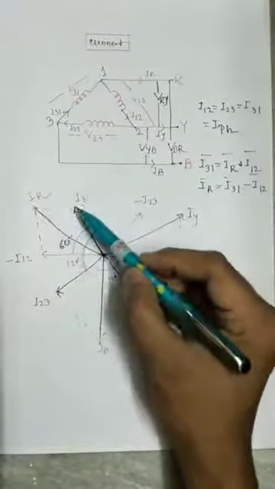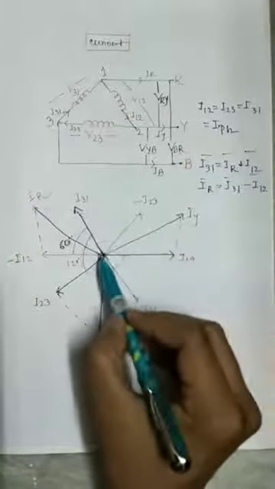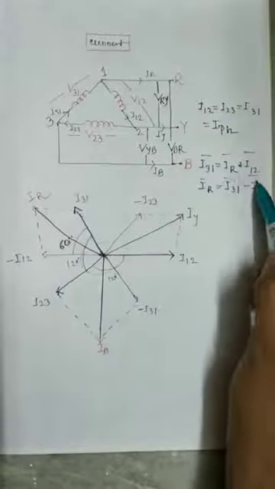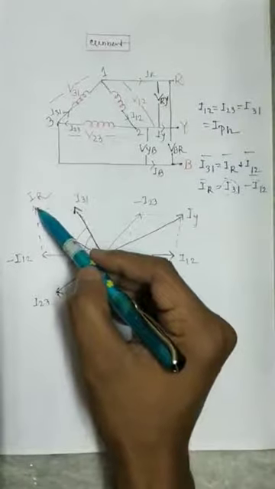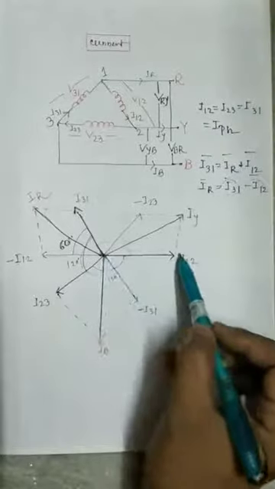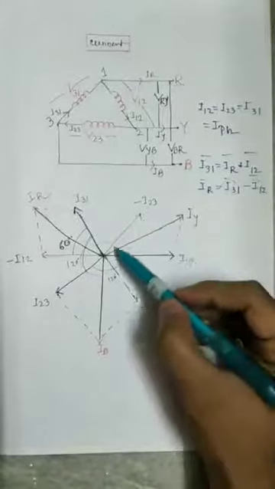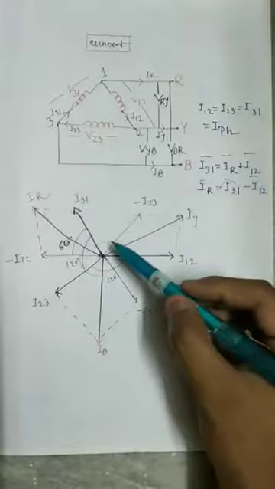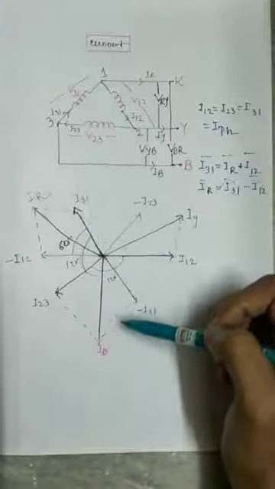Also here I12 and minus I23 are the vectors, and the resultant vector is IY. Like this, I23 and minus I31, the resultant vector is IB.